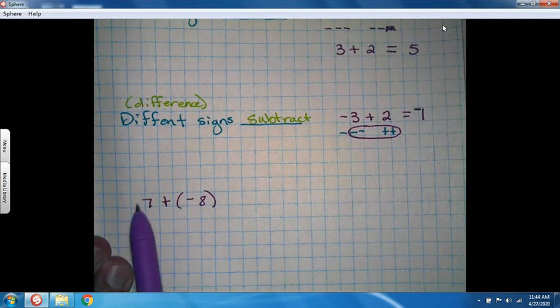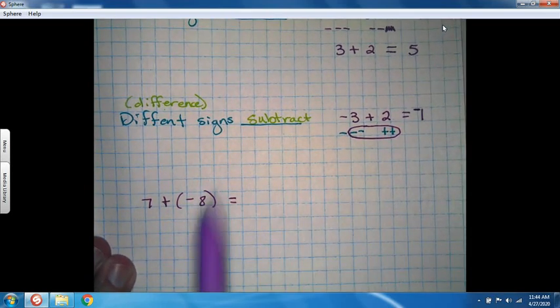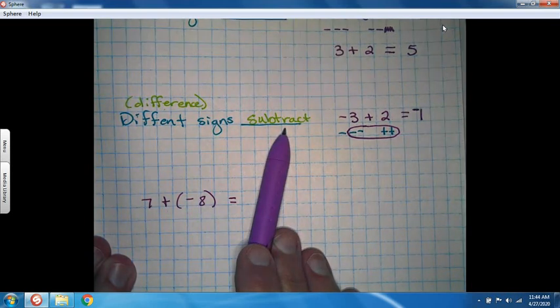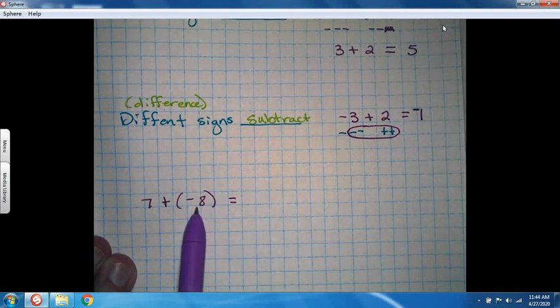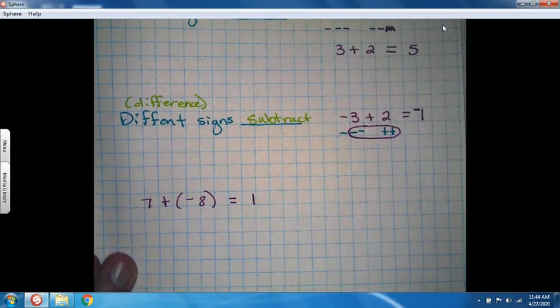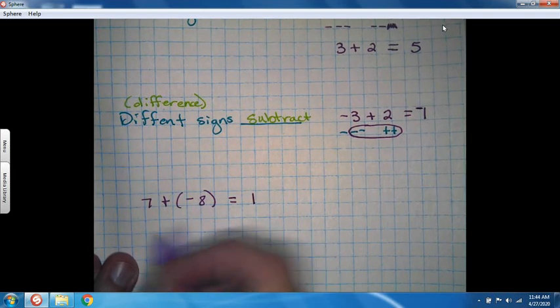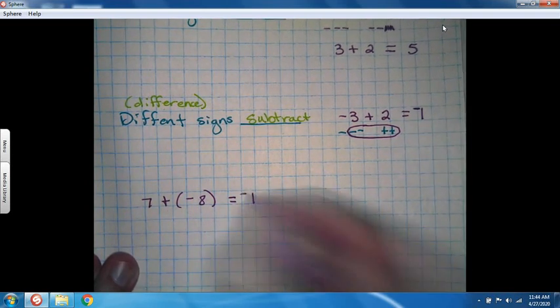They're different because this one's positive, that one's negative. So, different signs subtract. So 8 take away 7 is 1. Now, who has more? There's 8 negatives in this pile and 7 positives in this pile. Well, this pile's bigger, so it's a negative.